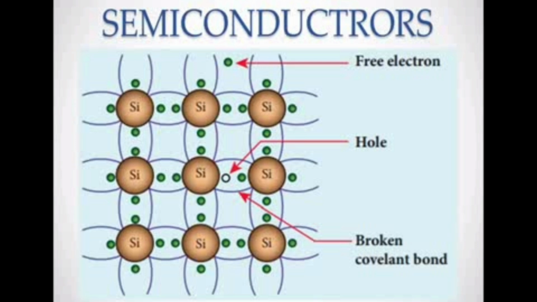The material which is used for doping is called dopants. The impurities which you are going to add to the pure atom are called dopants.